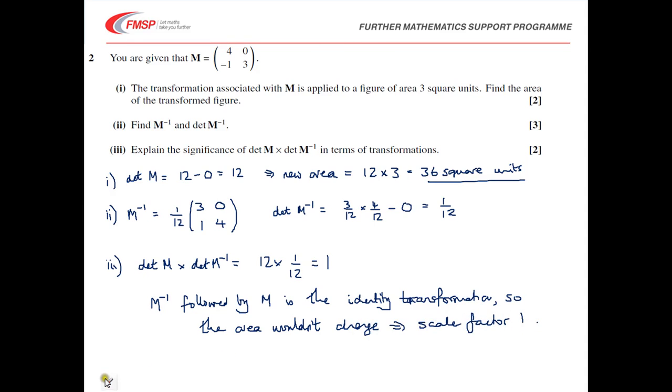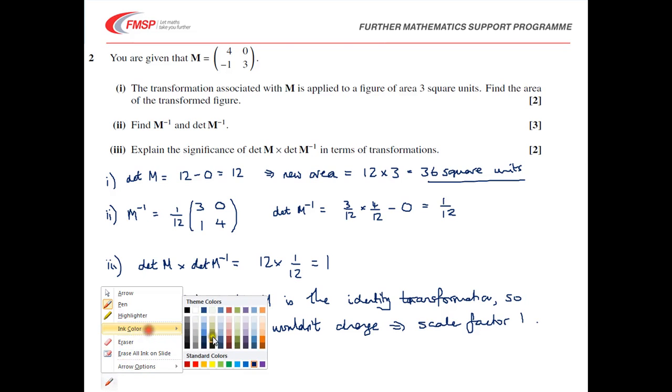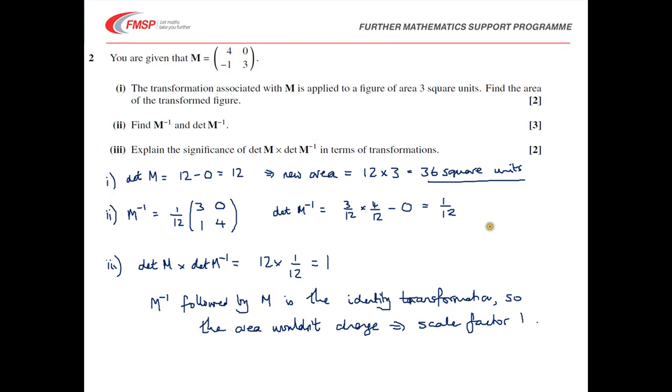Okay, let's see how the mark scheme applies to this question. For part 1, there is a method mark for finding the determinant and multiplying, and an accuracy mark for doing that correctly.